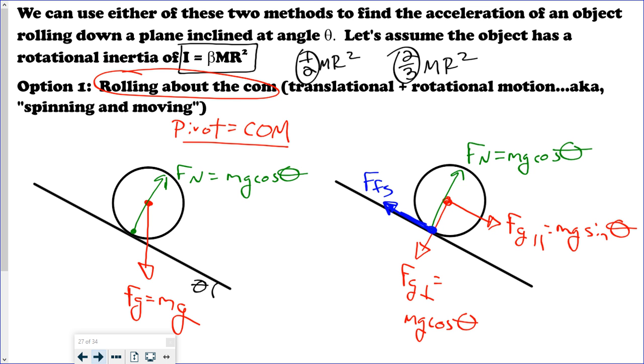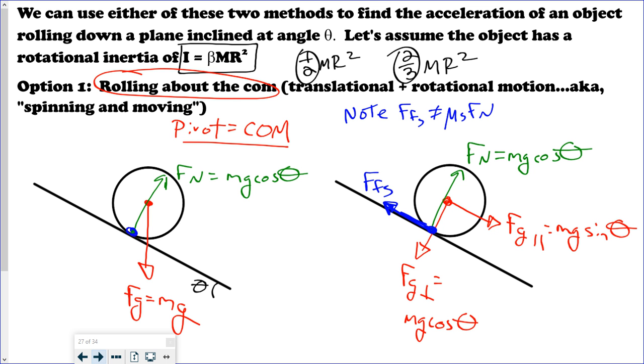Now notice, it's not necessarily going to use the maximum amount, okay? So we can't write that that's equal to the coefficient times the normal force. So maybe that's worth noting. Okay, it may equal it, but it doesn't have to, okay?